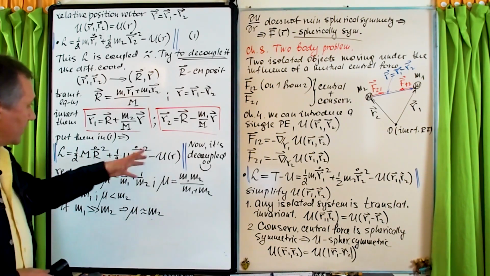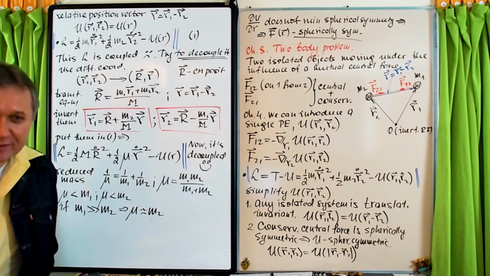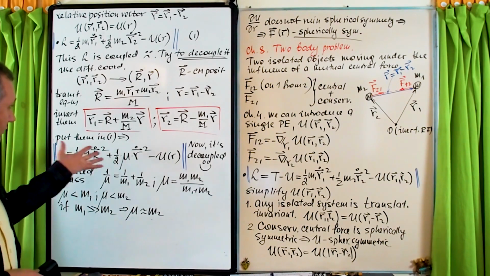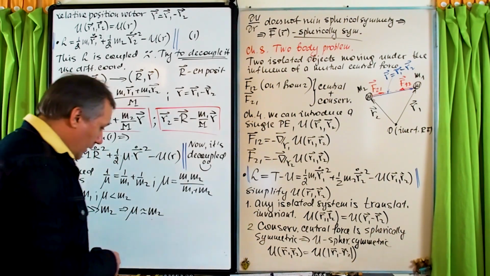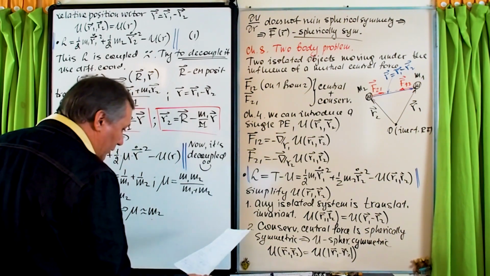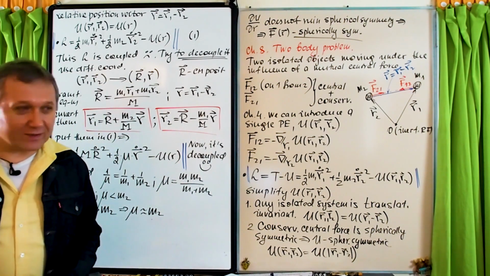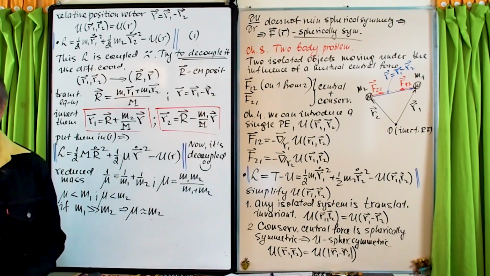So now it looks like our particles m1 and m2 kind of disappeared, and now we have two fictitious particles, and we have the Lagrangian of two fictitious particles. So now what's next? The next step in this line of simplifications of the Lagrangian.